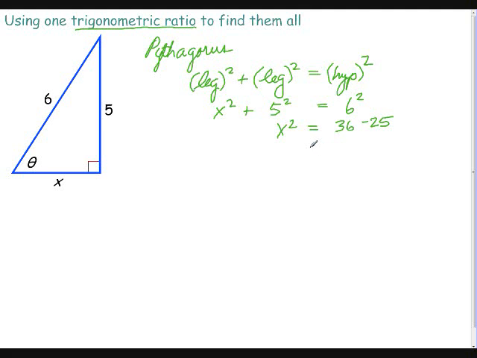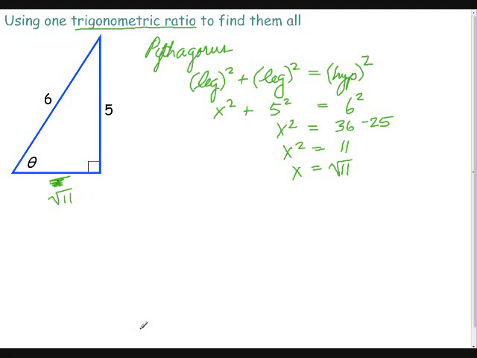Oh, this is not a satisfying number. All right, 11. I was hoping it'd be a perfect square. I should have done better with my own example. So x is equal to the square root of 11. So right here, we now can put the square root of 11.